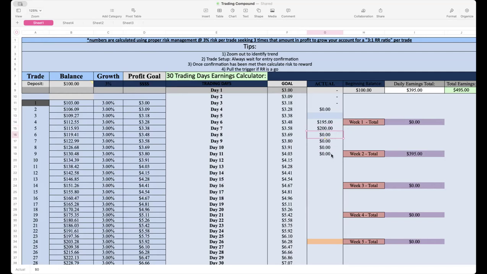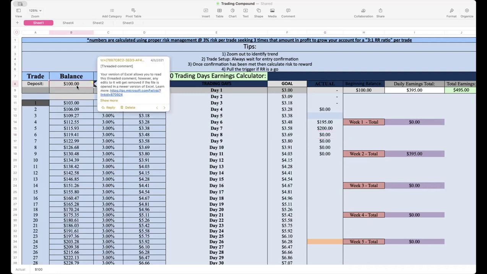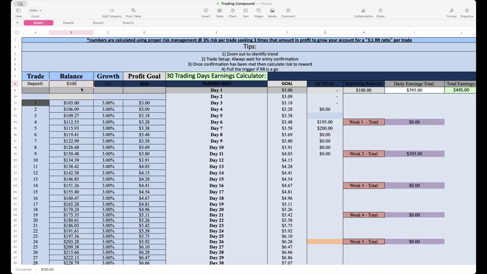The second week, you flip the account, more than doubled your account. And then let's say the next week you're at $395, and you went 100 pips at $3 a pip. So just say you made $350.